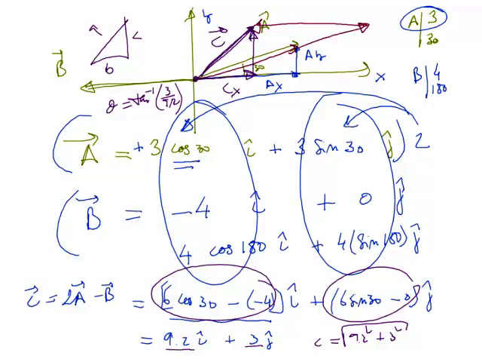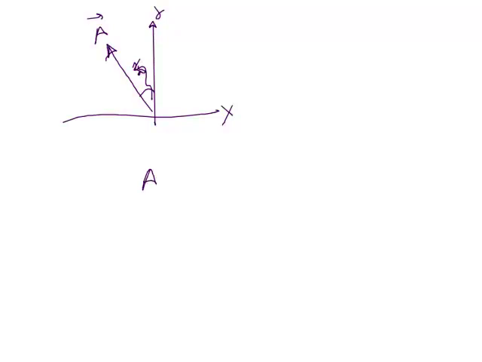Okay? Now, there is a little problem that you may encounter, especially if your calculator is not a fancy one. If your angle is here, let's say vector A, and you end up with A is equal to negative 1 plus 3j.